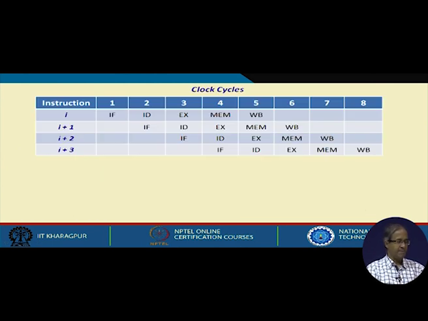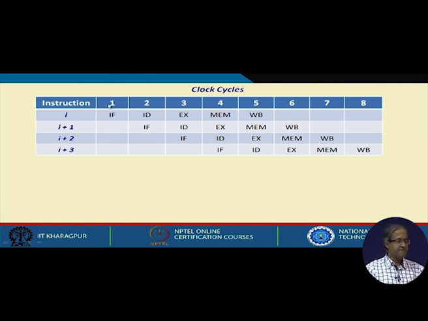Let us see how the pipeline works. I am showing the time steps or clock cycles here, and let us say instructions are coming one by one. Let us say instruction I plus 1, I plus 2, I plus 3, like this. So, in clock cycle 1, the first instruction I enters the instruction fetch stage. That means the instruction is fetched.